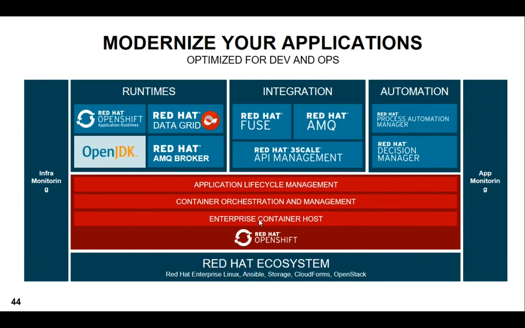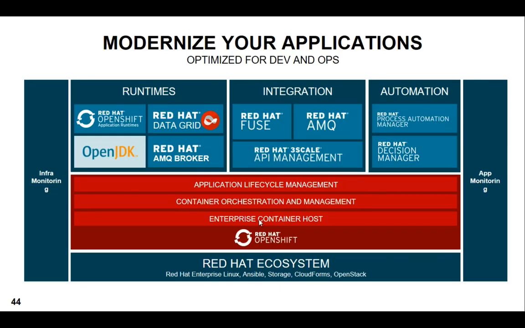So OpenShift application runtimes gives you the flexibility to run Node.js, Spring Boot, and different kinds of runtimes, giving you flexibility to use different kinds of programming languages. Right. Data Grid will help you to integrate your different data silos to create a common data platform.